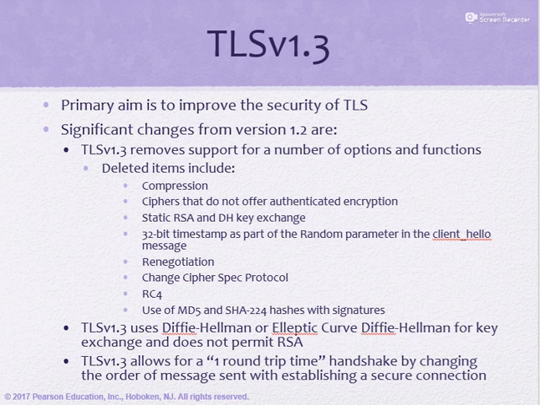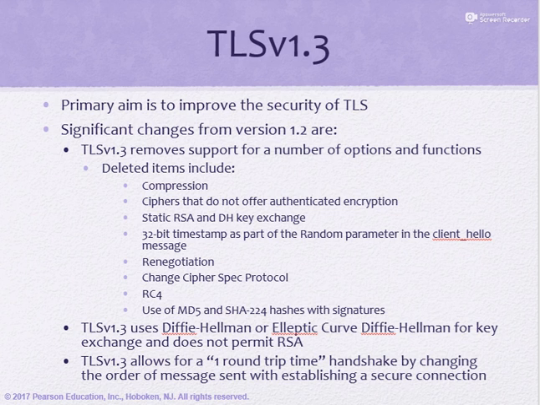So version 1.3 does not support compression, and it also does not support those ciphers which do not offer authenticated encryption. So you can only use ciphers with authenticated encryption. Static RSA and Diffie-Hellman key exchange, 32-bit timestamp, because when a random number is generated for client hello, a 32-bit timestamp was part of that random number, so this 32-bit timestamp is removed from the client hello random number.